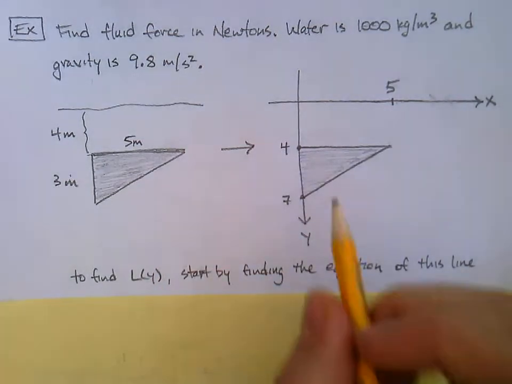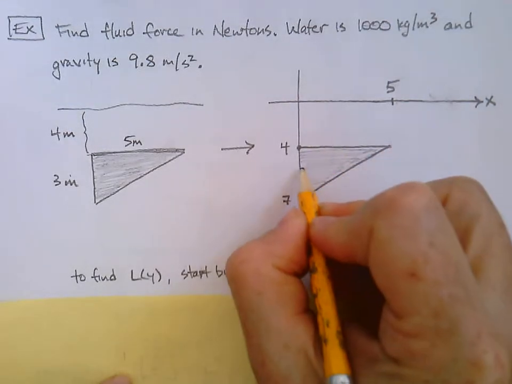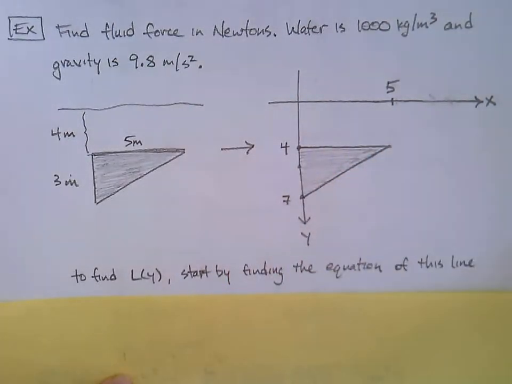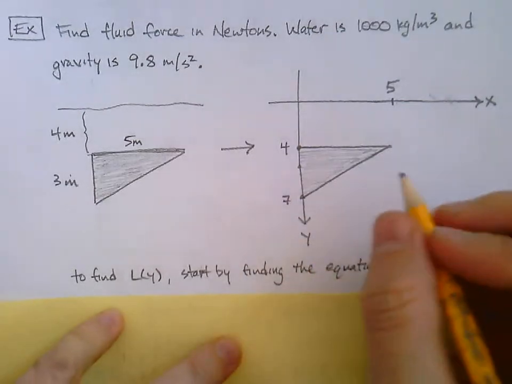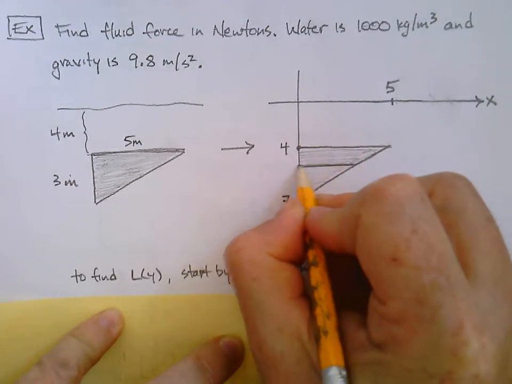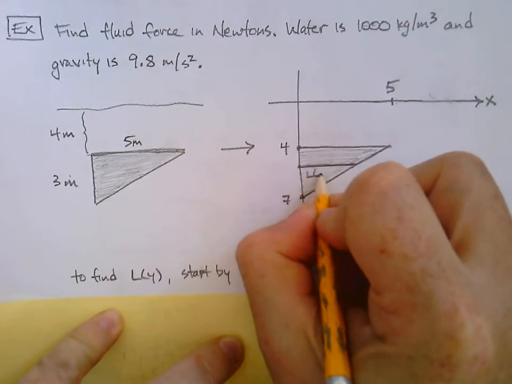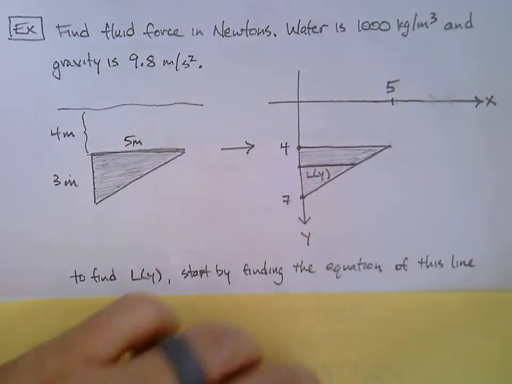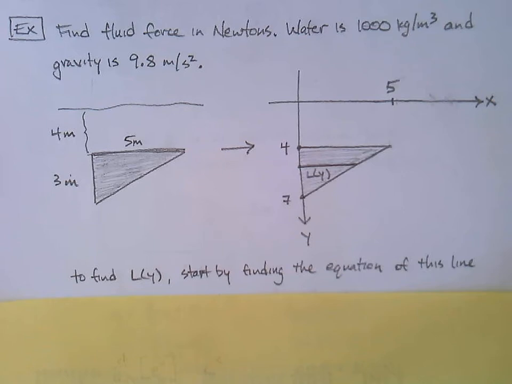So let me go ahead and draw that on here. At any given location on your plate, draw a horizontal line. That right there is L of y. And we can see, of course, that length changes as you get deeper. It gets shorter.